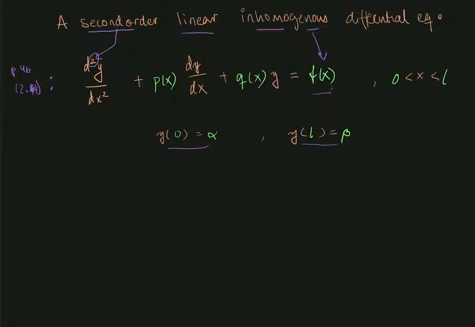If I am left with some kind of expression on this side, then it is called an inhomogeneous differential equation. So what we have here is a second order linear inhomogeneous differential equation.